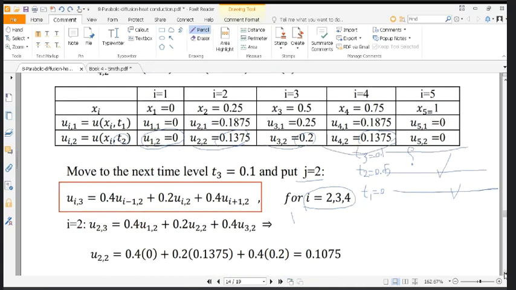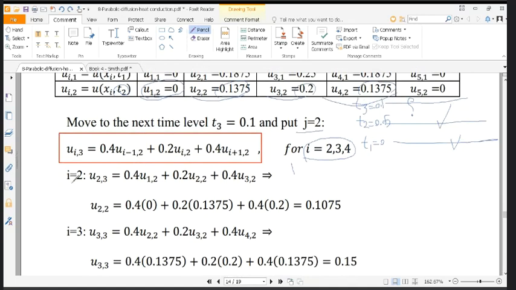And again, we put I equal to 2 and this formula changes: u I minus 1 and 2 changes to u1 and 2, u I and 2 changes to u2 and 2, and for u I plus 1 and 2 we have u3 and 2. In this table we have the values of u1 and 2, u2 and 2, and u3 and 2.